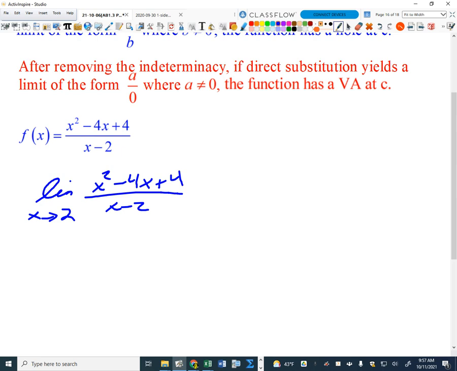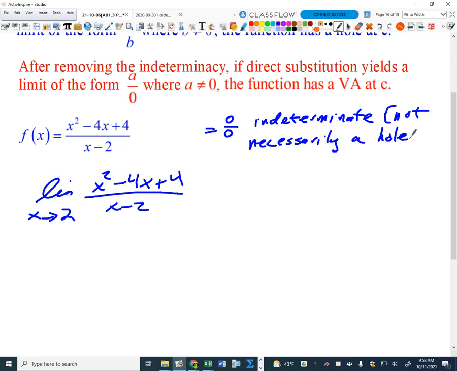What do we get there? 0 over 0, right? So that's indeterminate. But it's not necessarily a hole. Probably is, could be, but it's not necessarily.